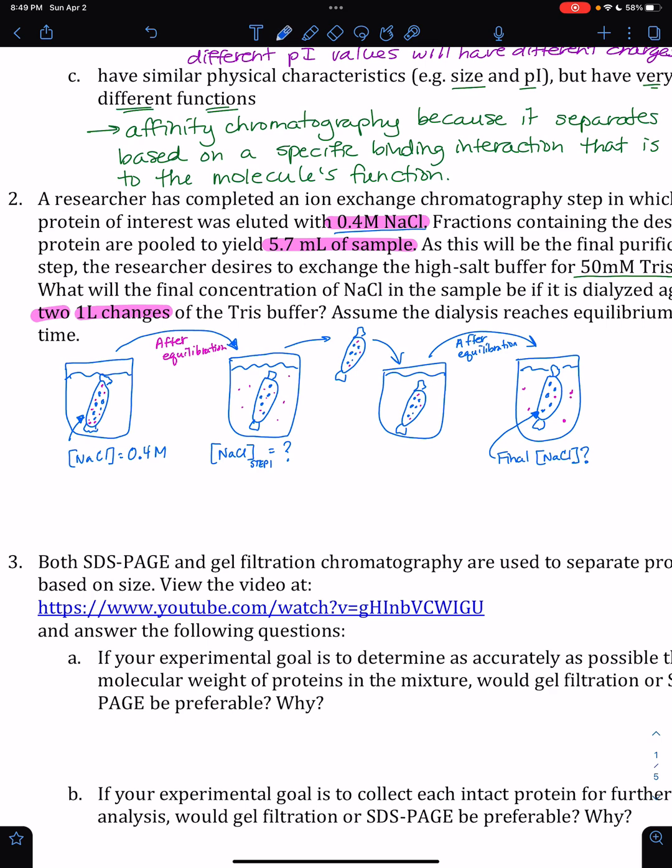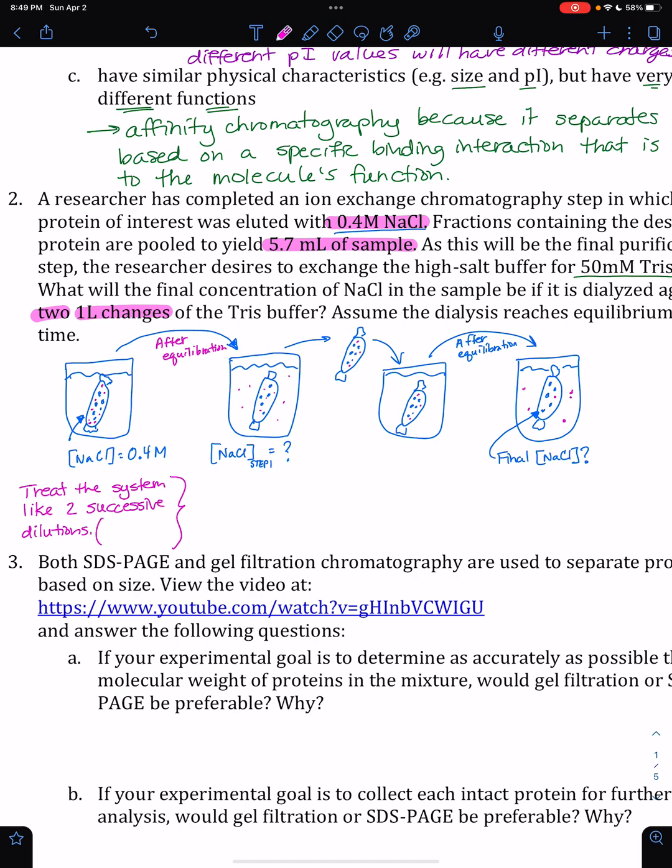So we're going to treat the system like 2 successive dilutions. And after each dilution, we want to know what our C2 is.